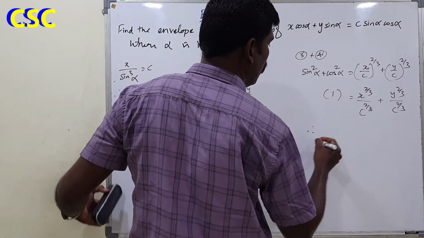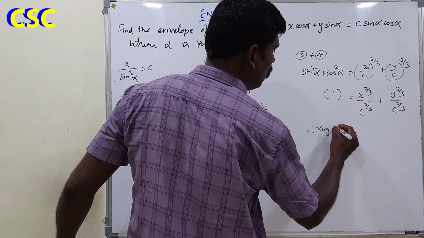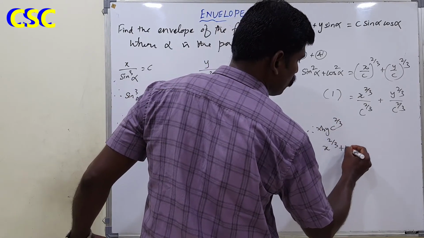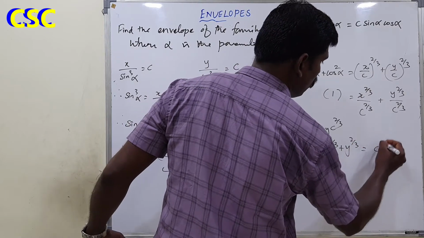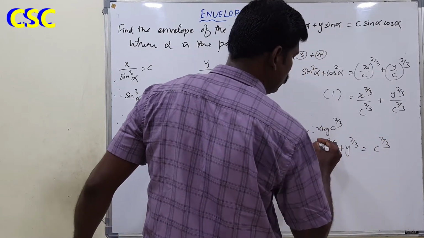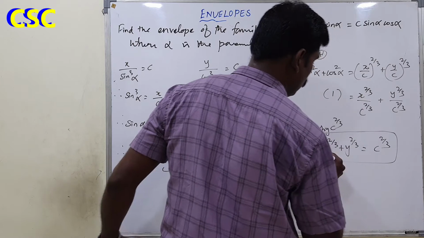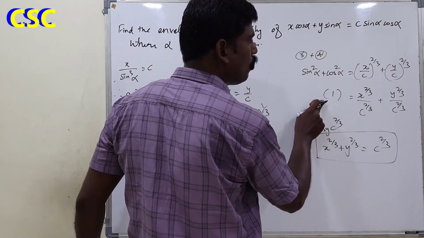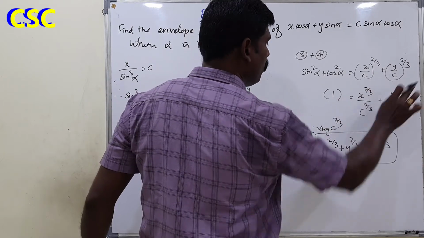Therefore, multiplying by c power 2 by 3, we get x power 2 by 3 plus y power 2 by 3 is equal to c power 2 by 3.